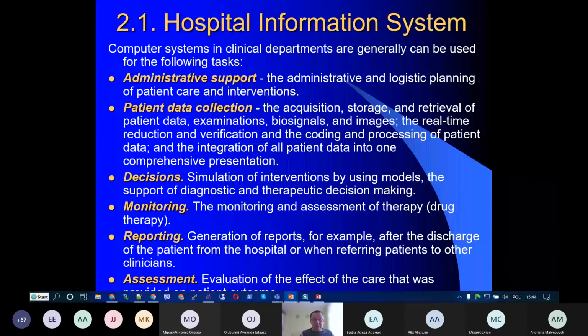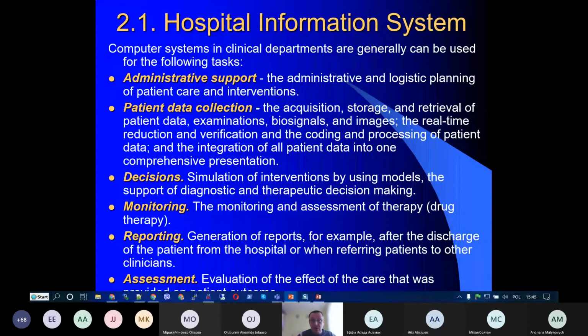Second place will be patient data collection, storage, retrieval, and patient data examination: biosignals, images, everything that has to be possible to store within electronic medical records. Third, decision: diagnostic decision, simulation of intervention by using models, support of diagnostic and therapeutic decision making, and so on. Then monitoring, assessment and therapy, drug therapy, and reporting, assessment, and other features. So that is about the hospital information system.